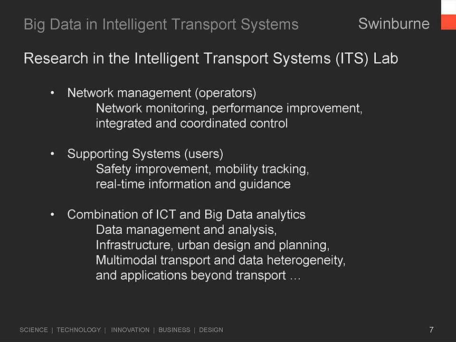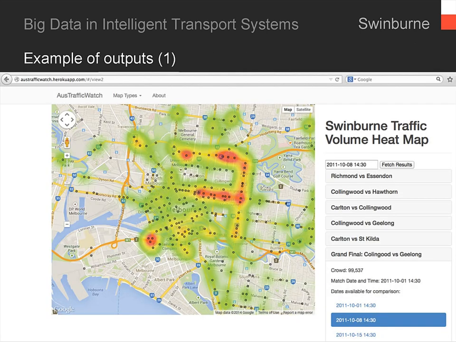We need to take into account how you manage the traffic and the transportation around it. So this is the kind of output that we have produced. We have been very grateful for the support of Swinburne Research and a range of people who are here in this room in terms of support of our research.